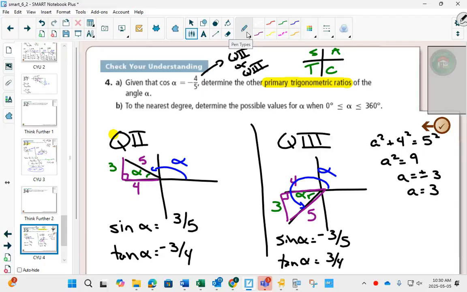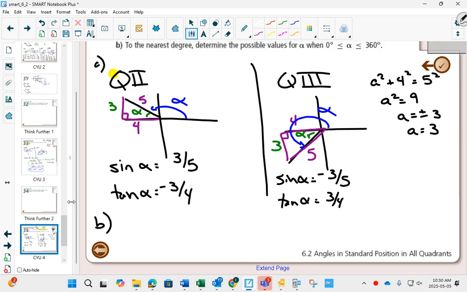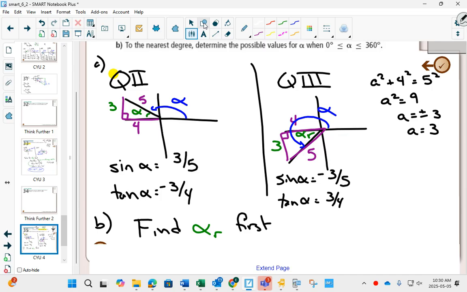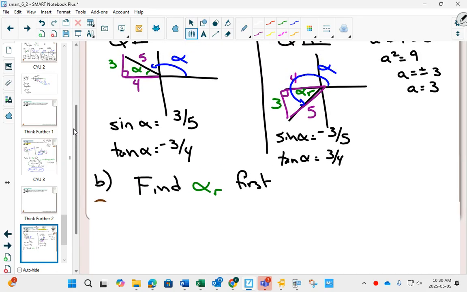So this is part A, and we can just continue underneath, but we're going to use the work that we have done already. We need to find the possible values for alpha. So what do we always need to do? We need to find the reference angle first.